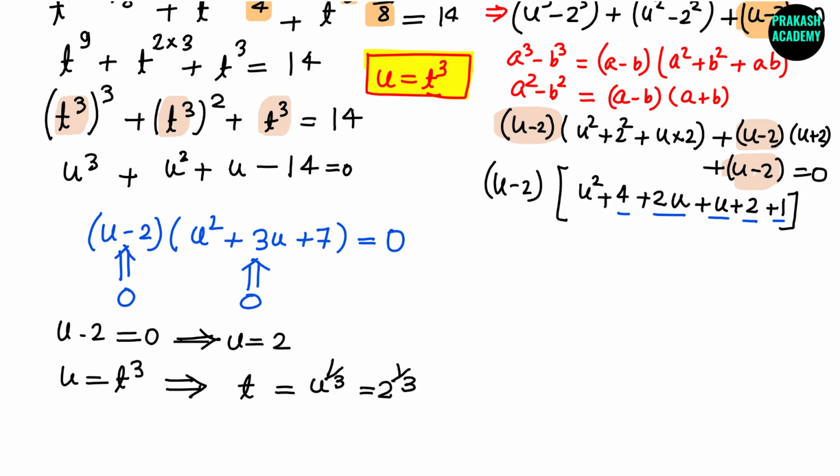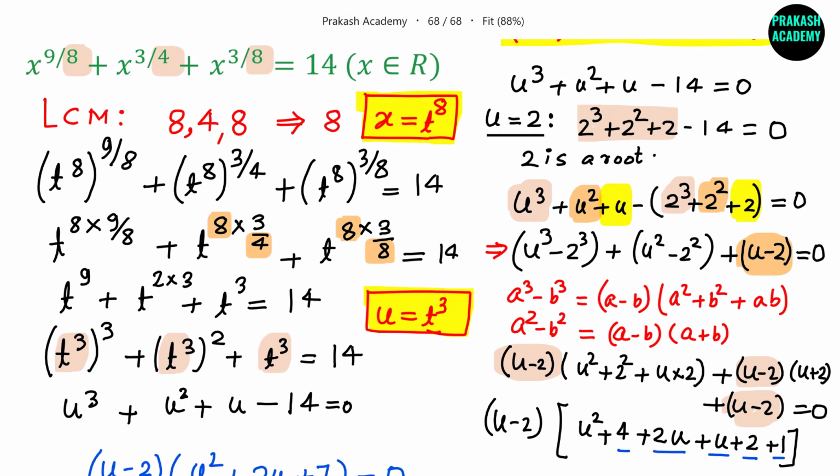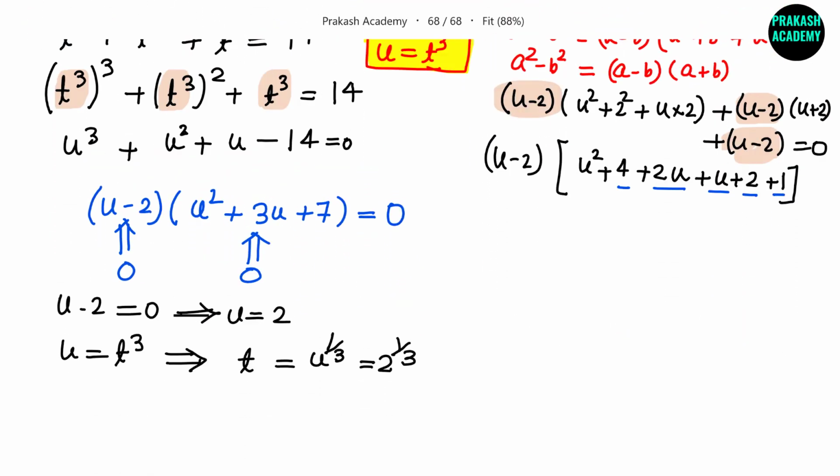But we have made one more substitution, and that is x equals t raised to the power 8. So t equals x raised to the power 1/8. We don't need to calculate this.